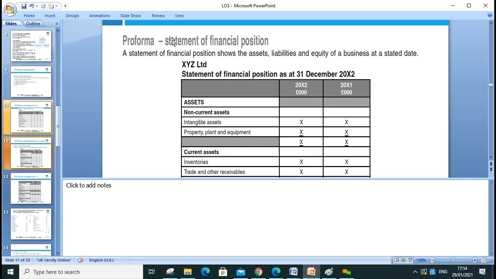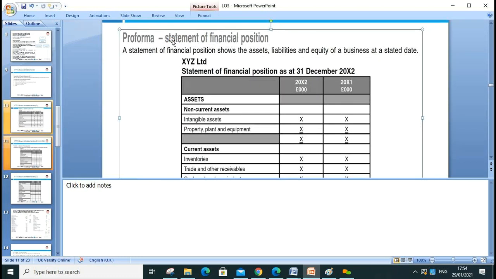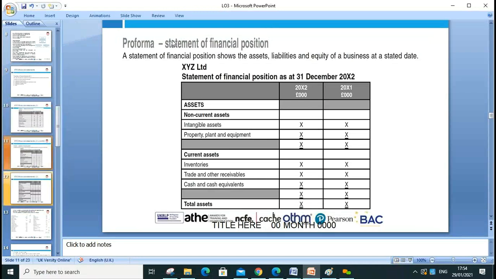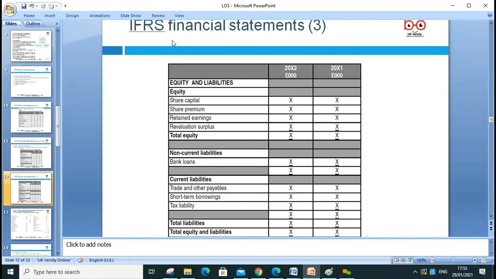Then we add them up. Then we have the current assets: inventory, trade receivables, cash and cash equivalents. Then we add them, and that becomes total assets. We learned the accounting equation: total assets minus liabilities equals net assets.